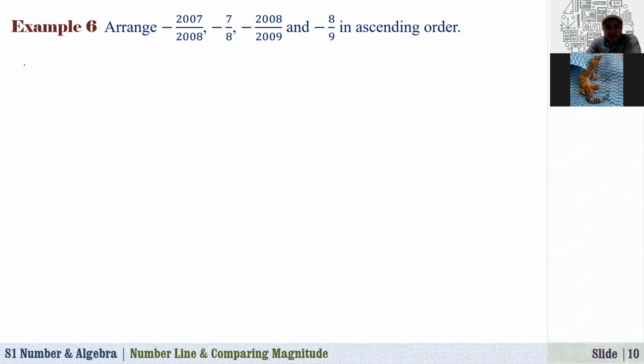Absolute value means, here, solution. Absolute value of A is equal to A if A is greater than or equal to 0, and equal to minus A if A is negative.